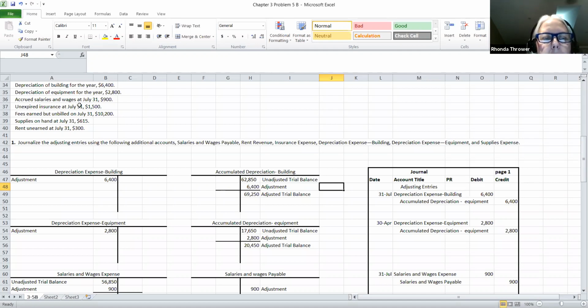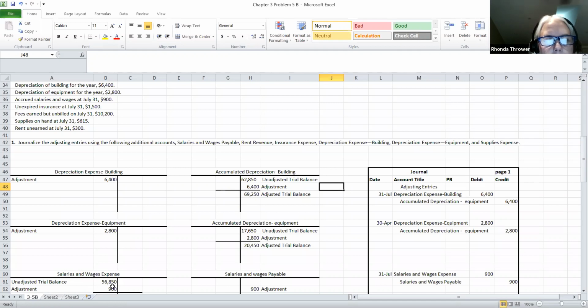So what's happened here is our employees have worked for us during this accounting period, and we owe them $900. It's $900 that's going to be an expense in this accounting period. So we'll have to bring the salary and wages expense up to date. The unadjusted trial balance was showing $56,850.